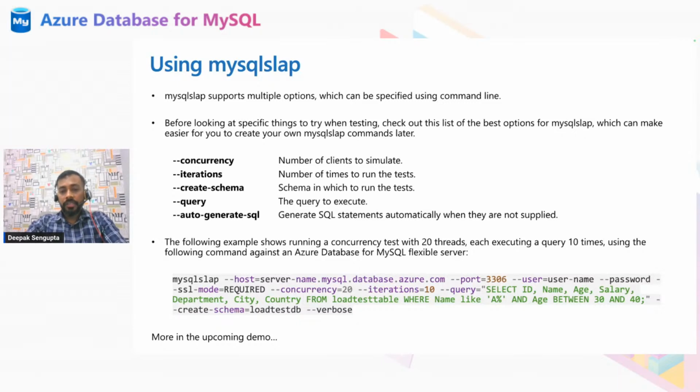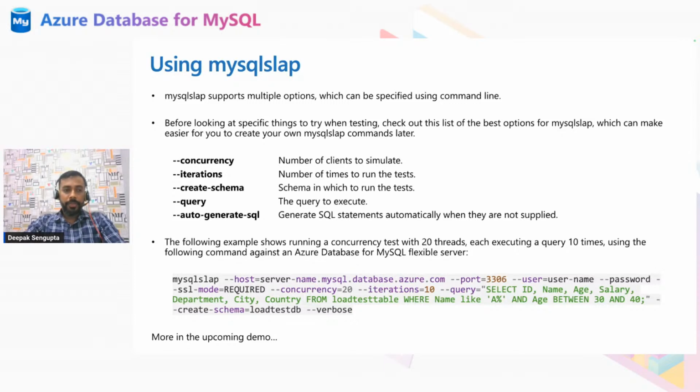Now, concurrency denotes 20 users who will be simulating this particular test, and iteration denotes that each user will run this particular test 10 times. That's why I have mentioned iteration equals 10. I've specified a single query using the query parameter, and this query will be executed as part of the benchmarking test against the load test database.